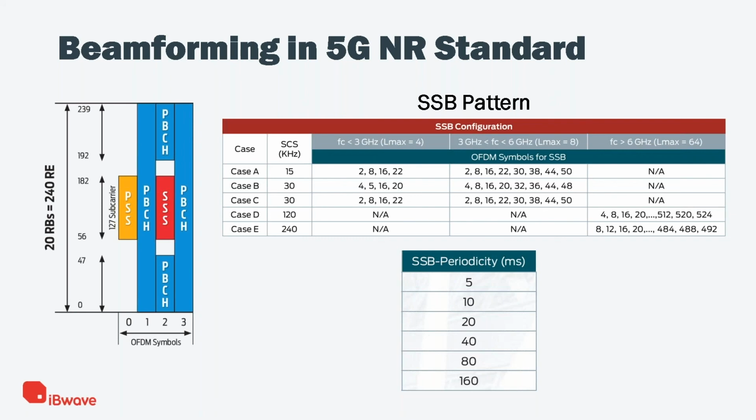burst. For instance, we should remember these numbers: for sub 3 gigahertz, the maximum number of SSBs that we can send is 4. For frequencies between 3 and 6 gigahertz, the maximum number is 8. And for millimeter wave, the maximum number can be up to 64.